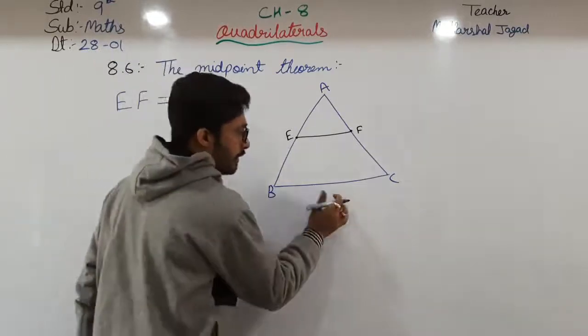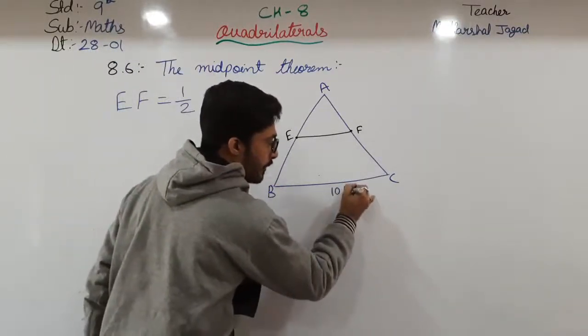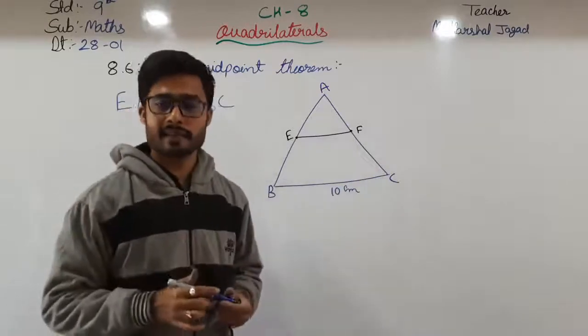Meaning, if you have BC equal to 10 centimeters, I am just giving an example.